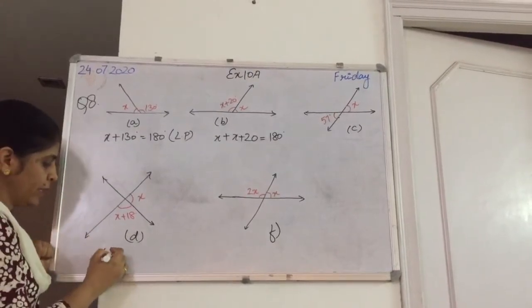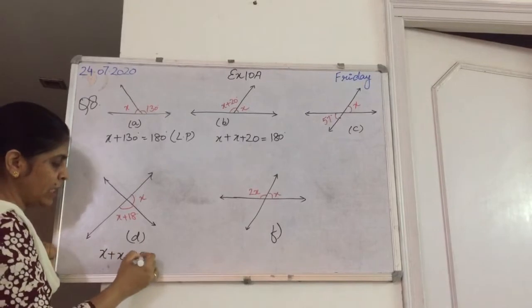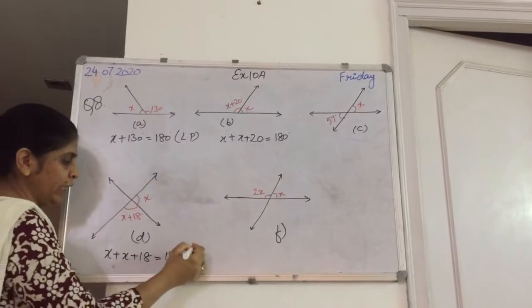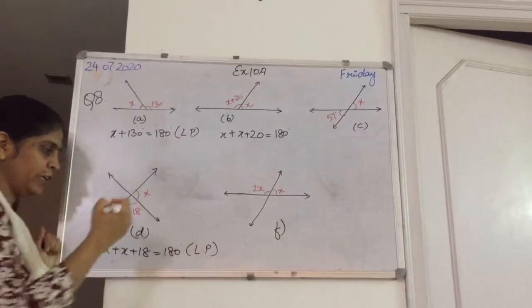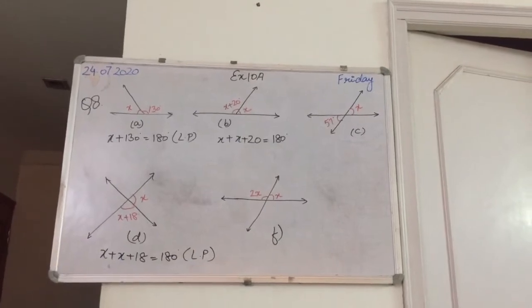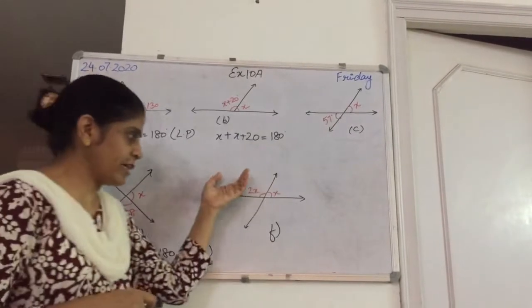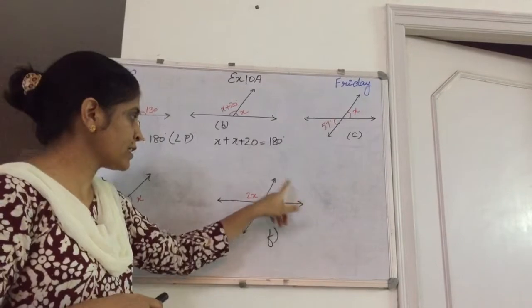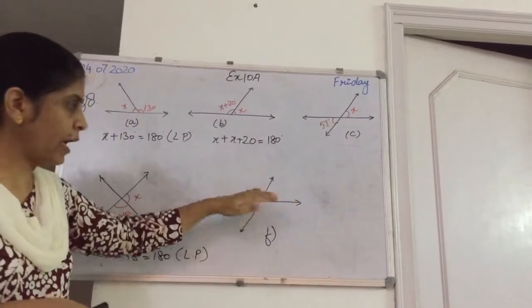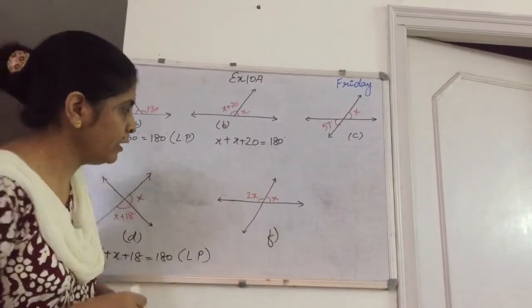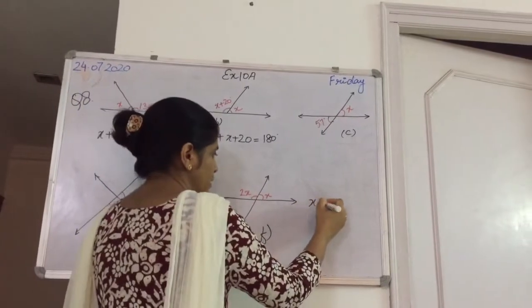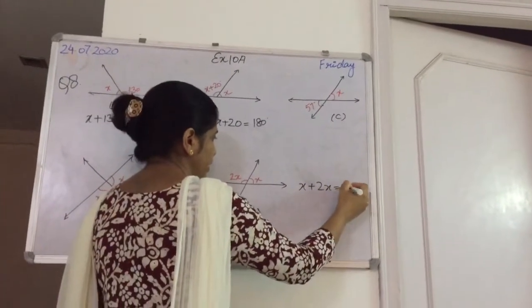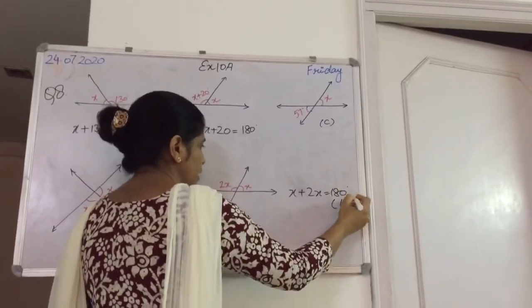So how to write? X plus 80 equal to 180 and the reason is linear pair. Now in this case F, X and 2x add up together, again a straight line. So X plus 2x equal to 180 and the reason behind is linear pair.